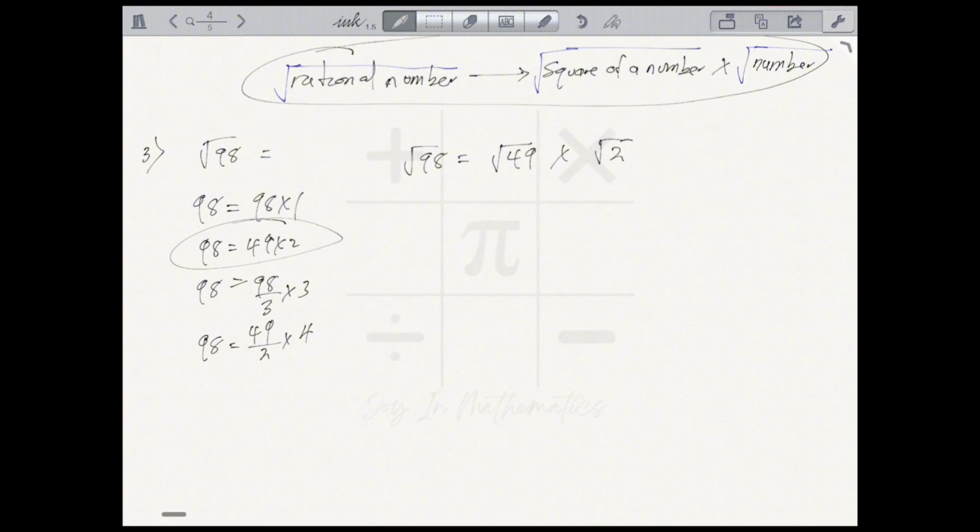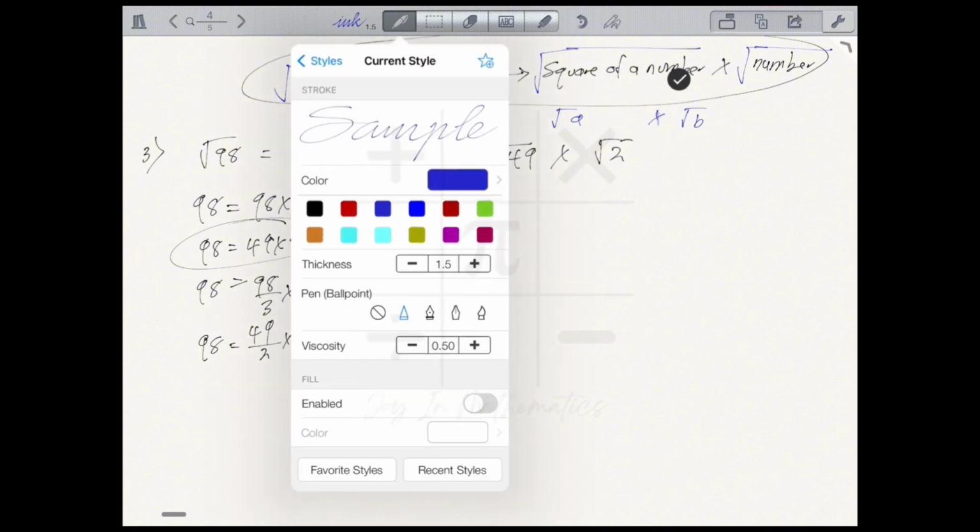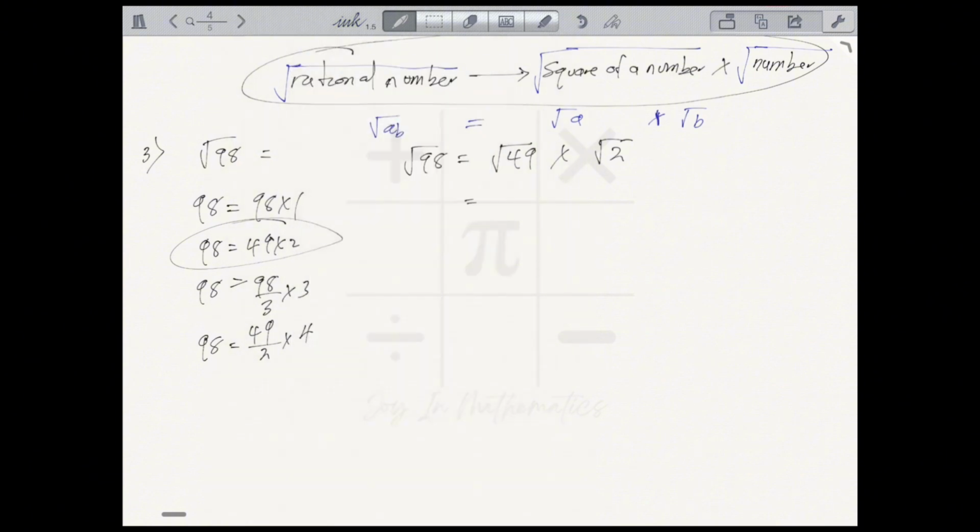So we are applying the law of surds, where we say root AB is equal to root A multiplied by root B. To finalize, root 49 is 7 and root 2 remains root 2. So we can say that root 98 is equal to 7 root 2.